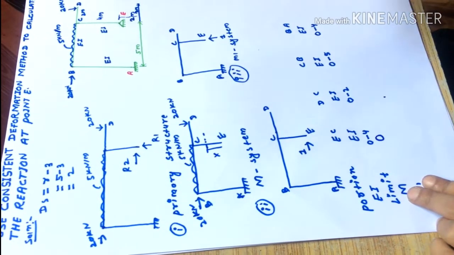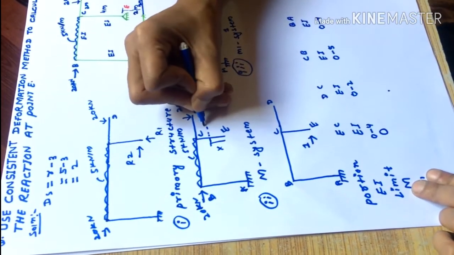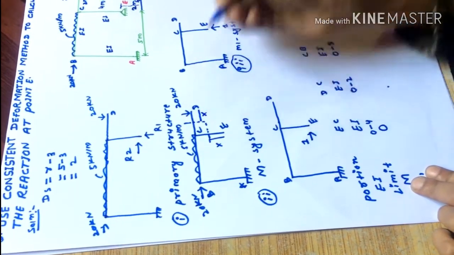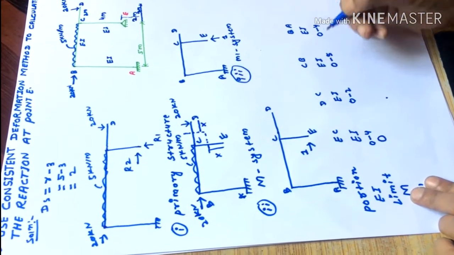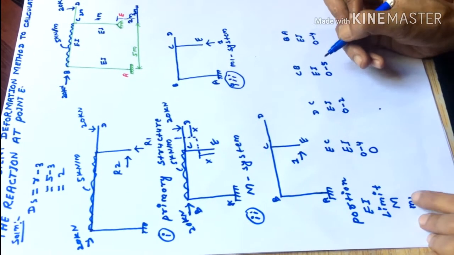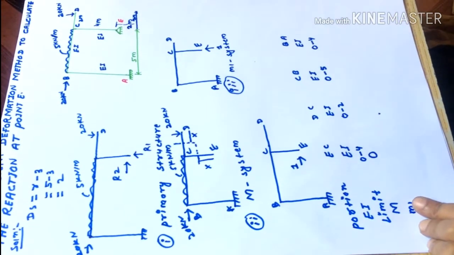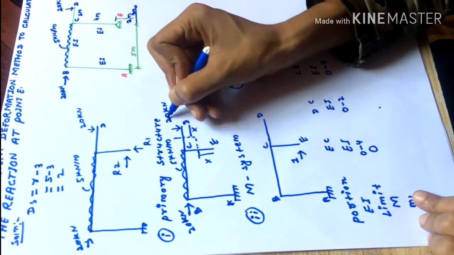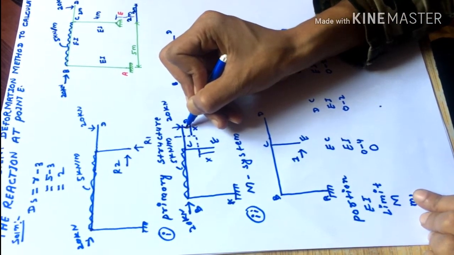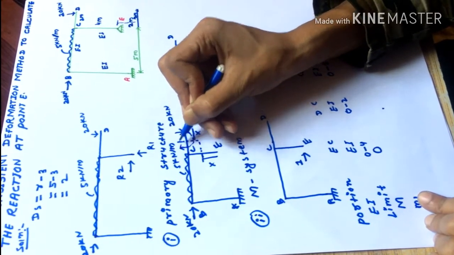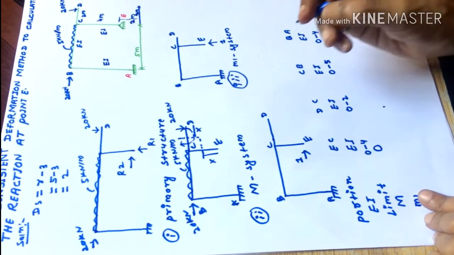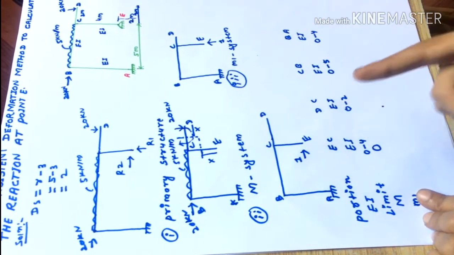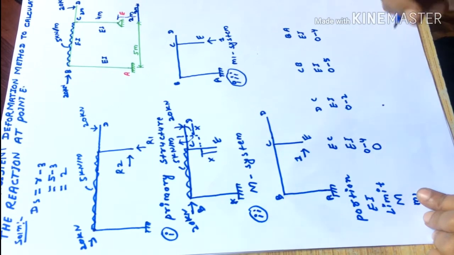Next, in portion DC, let us take a section at a distance of X from origin D. This 20 kilonewton force will rotate this section in a clockwise direction, and we know on moving from right to left we take the anti-clockwise direction as positive and the clockwise direction as negative.